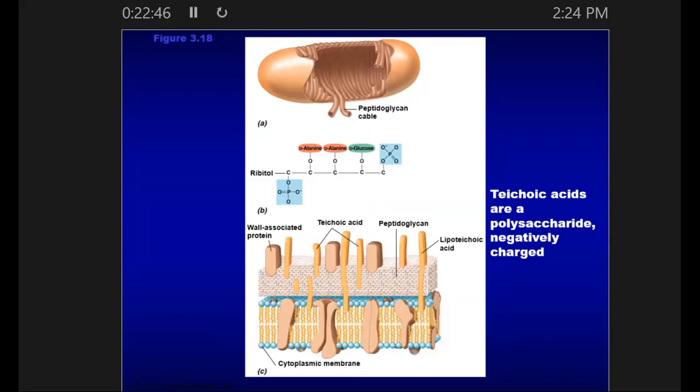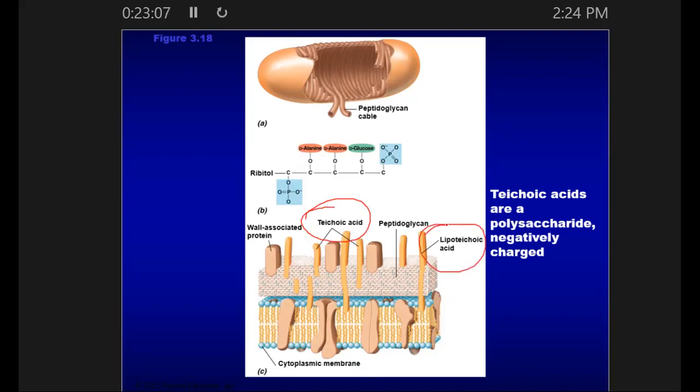And then the other thing that gram positives tend to have quite a bit of is called teichoic acid. Here you see plain teichoic acids, and then you see lipoteichoic acids.